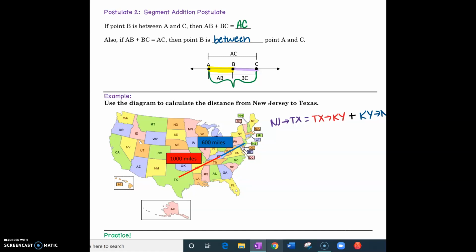So we have from Texas to Kentucky is 1,000 miles. From Kentucky to New Jersey is 600 miles. So here we get a distance of 1,600 miles.